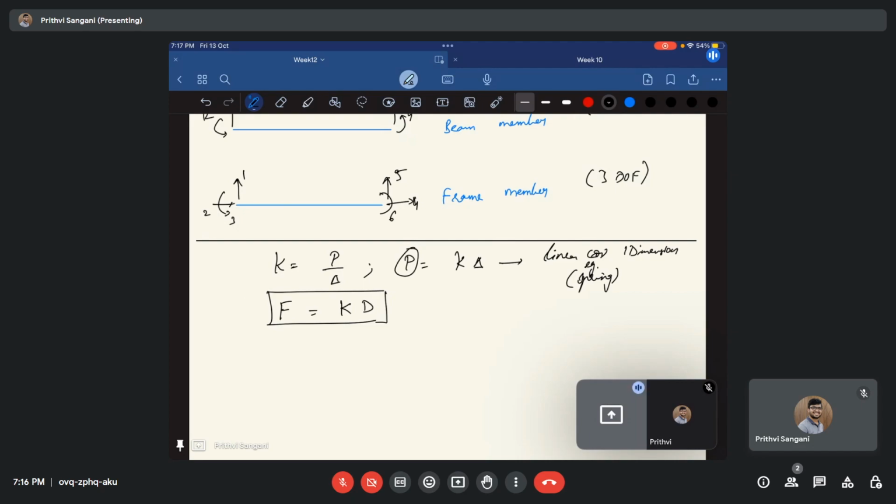Stiffness k is not directly a constant, but for example, we have different types of beams, right? We have a cantilever beam, a simply supported beam, a continuous beam, a propped cantilever, and many types of support conditions.